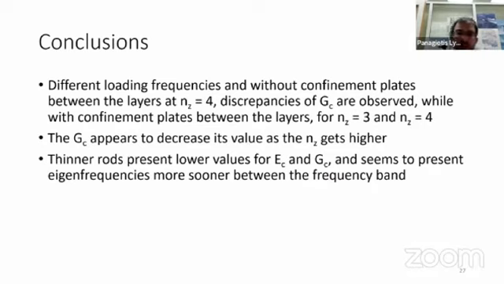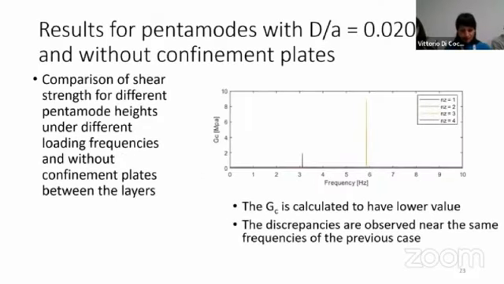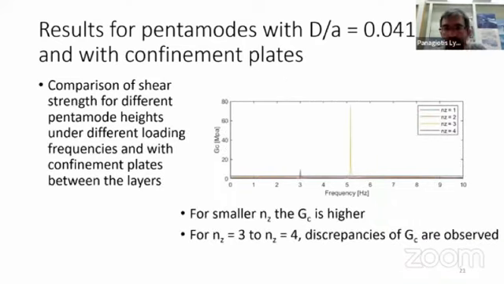So we have tested different load frequencies with and without confinement plates. And we see some discrepancies after the third layer, as you can see. After NZ3, we have discrepancies.